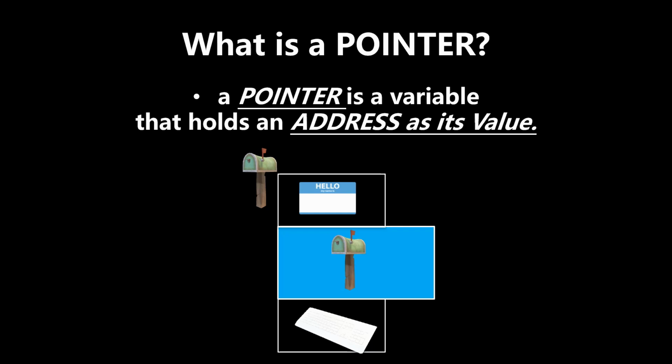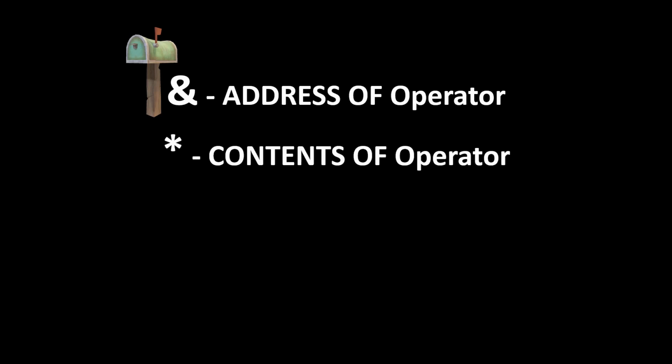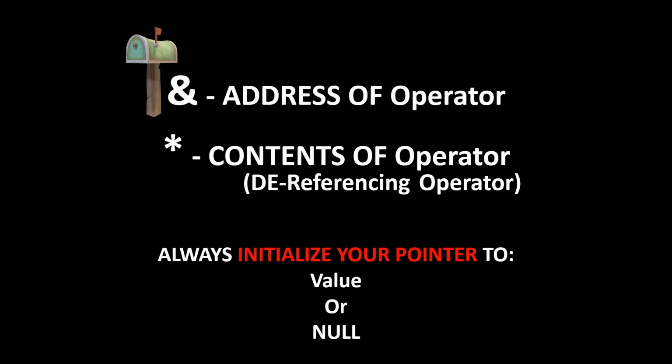That's not the address of itself, that's the address of another variable. We use the address-of operator, and we also use the contents-of asterisk. It's also known as the dereferencing operator. And one thing to note is always initialize your pointer to a value or a null.